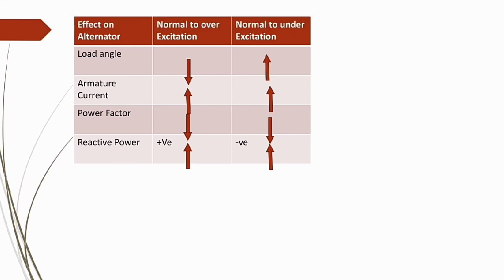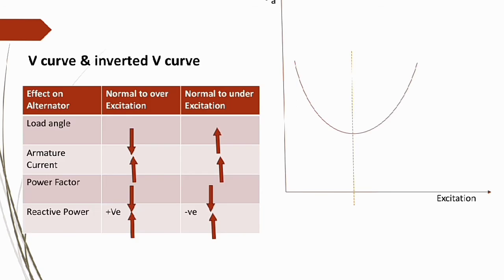So the next one is, here we talk about the V curve and the inverted V curve. From this result we draw the V curve, and after that we will draw the inverted V curve. The V curve is the curve between two axes: the y axis is taken as the armature current, and the x axis is taken as the excitation.